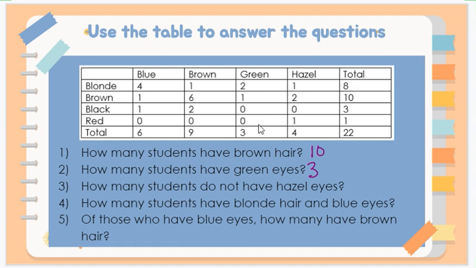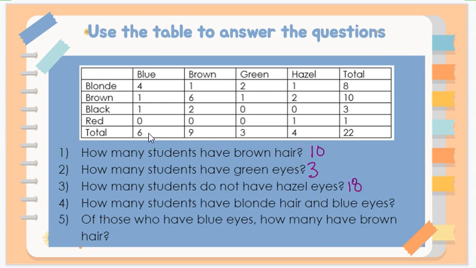Well, what's the total number of students? I have 22 here. So I would just take the total, 22, and subtract the 4 kids that did, and that would give me 18.